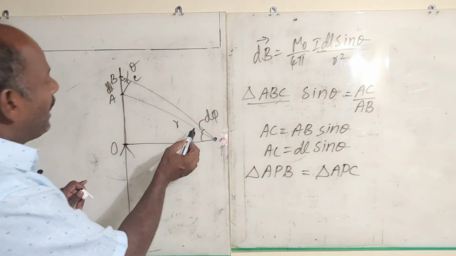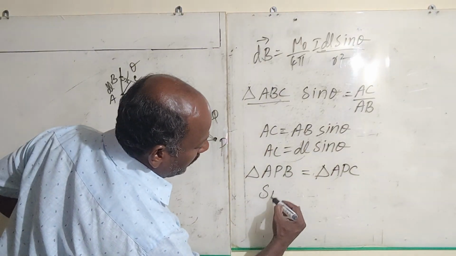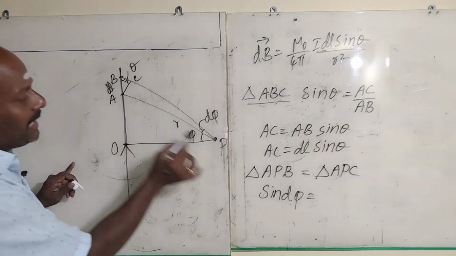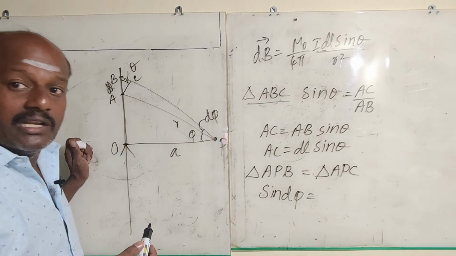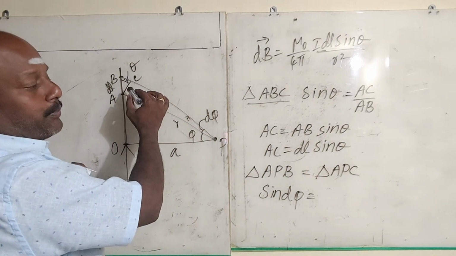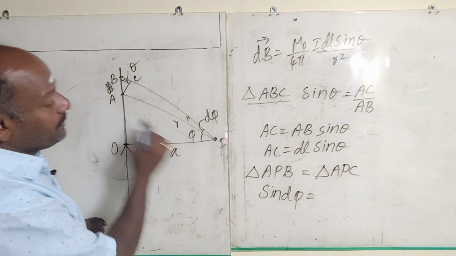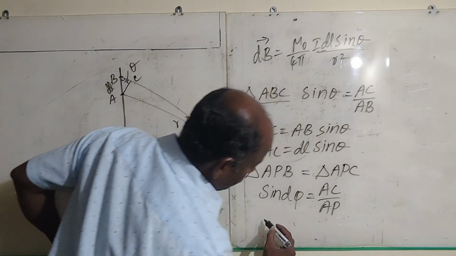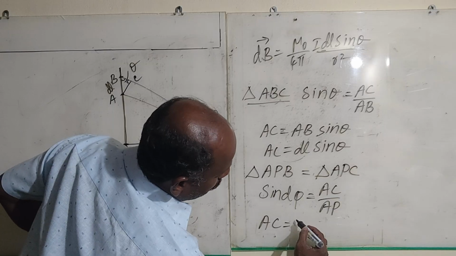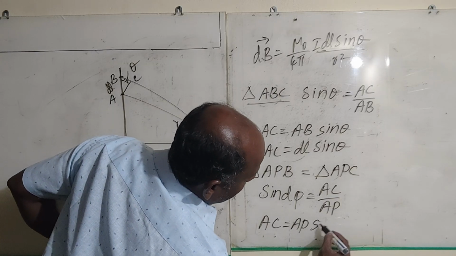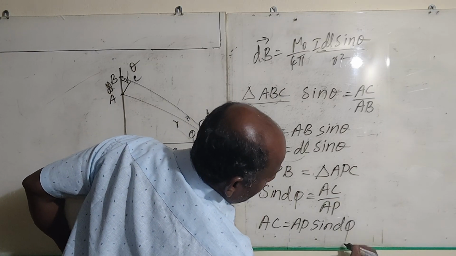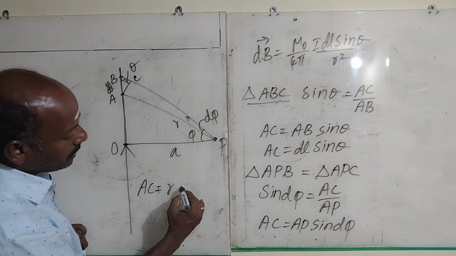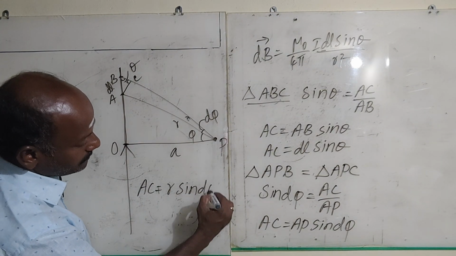Here I can measure what would be sin d phi. That is, sin d phi will be equal to, in the triangle APC, the opposite side over the hypotenuse, so AC by AP. That means AC is equal to AP sin d phi, or AC is equal to R sin d phi.